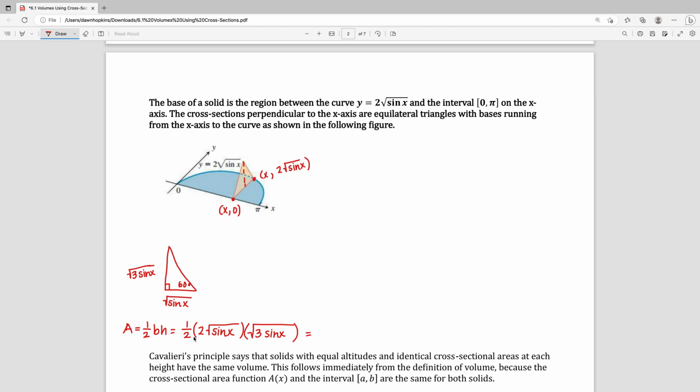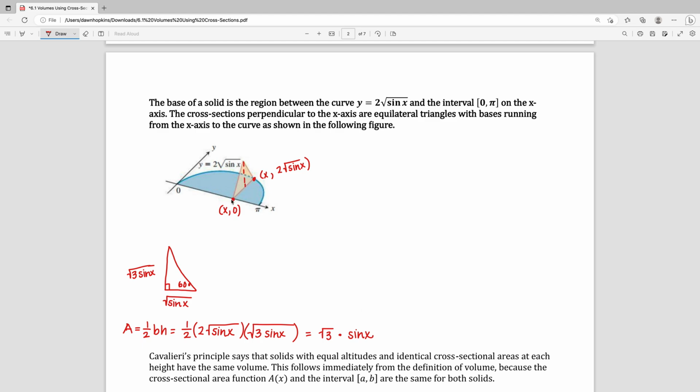So the area, these 2's cancel. The square root of sine x times the square root of sine x is just going to be sine x. So it's going to be the square root of 3 times sine x. So that's going to give us the area of the triangle.